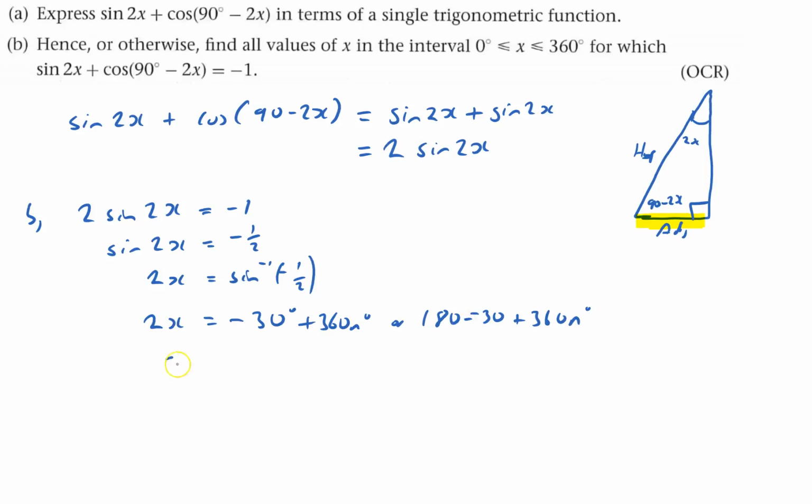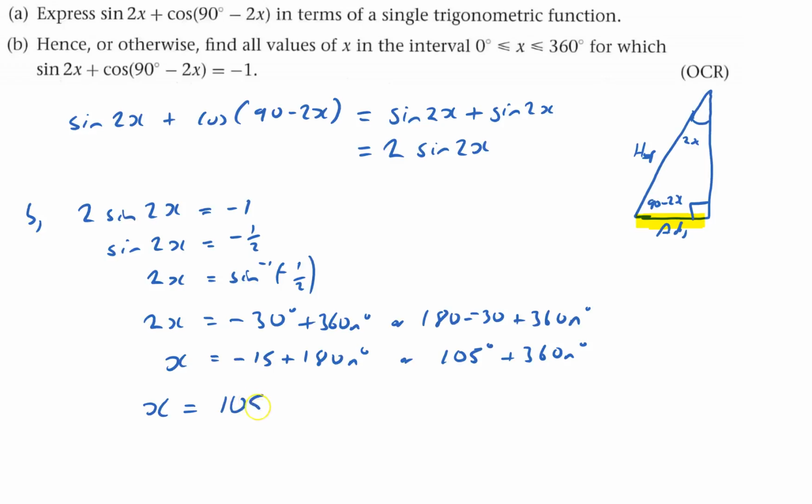Anyhow, divide both sides by 2, so x equals minus 15 plus 180 n degrees, or that's 210, so divide that by 2 is 105 degrees plus 360 n degrees, and now we get x equals, that's not minus 15, that's not in the range, so I have to come across here.